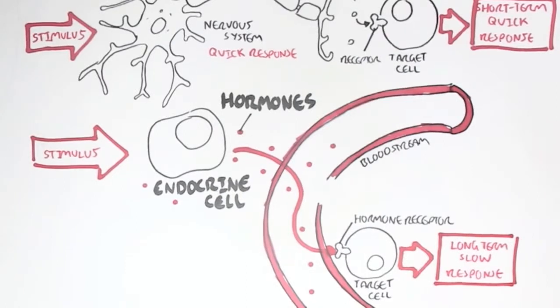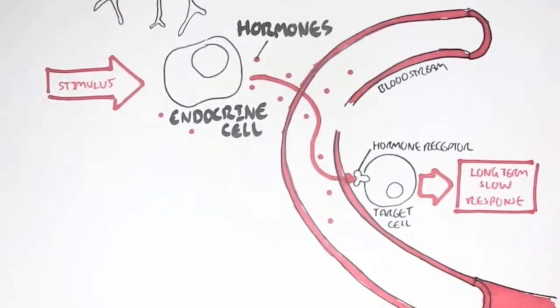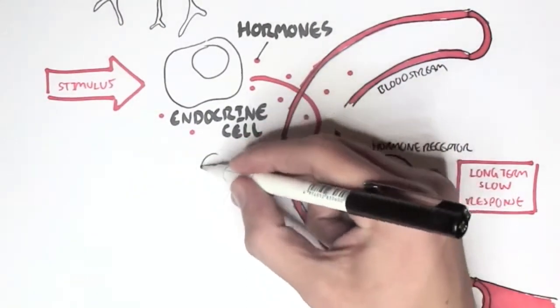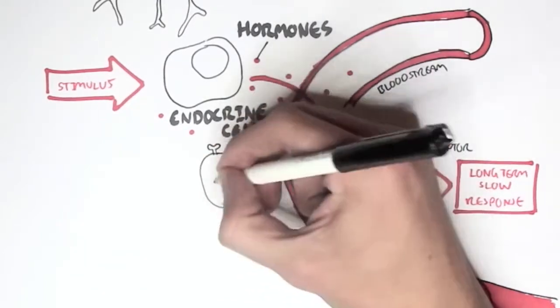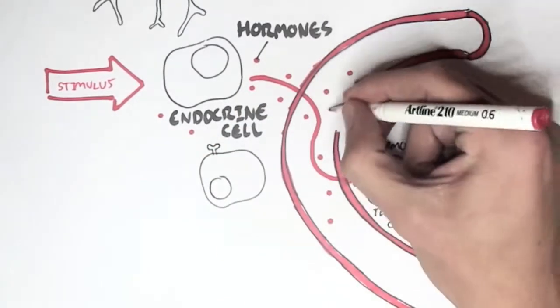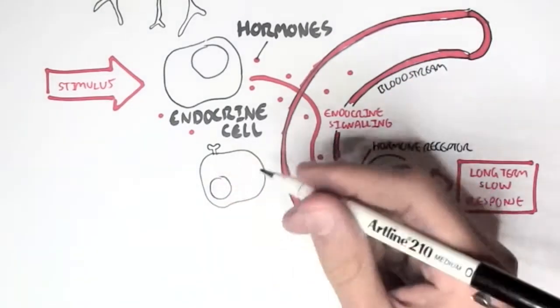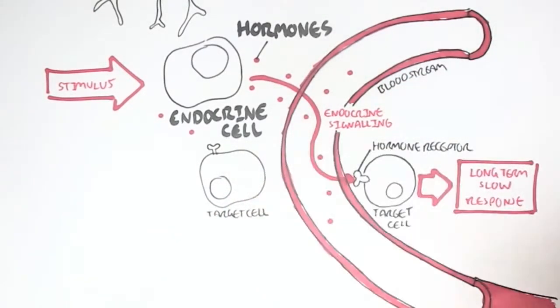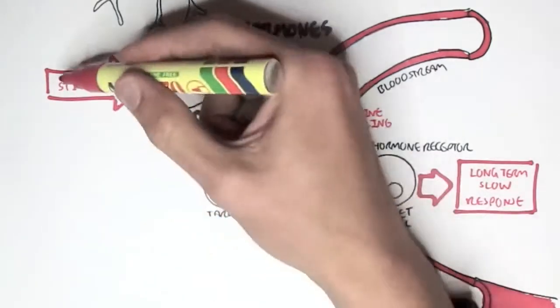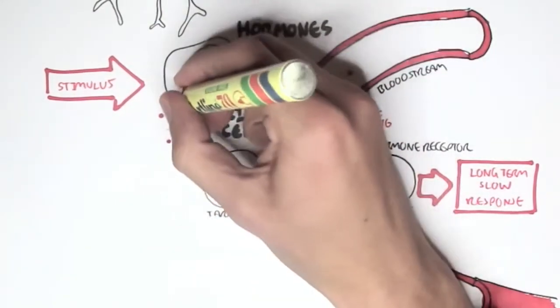The endocrine cell typically secretes hormones into the bloodstream. This is normal. This type of signaling is called endocrine signaling, hence the name endocrine system. However, hormones do not always have to be secreted into the bloodstream to target a cell. The endocrine cell can also secrete hormones that target a cell directly close to it, like this cell, for example.